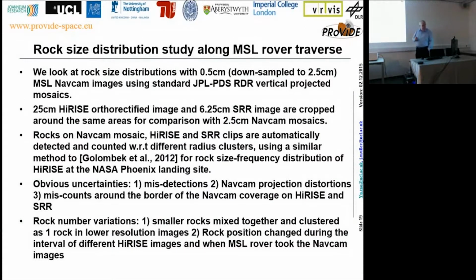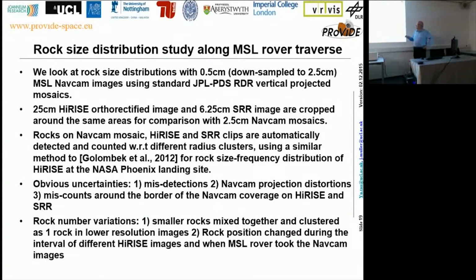So finally, we've performed a rock size distribution study along the MSL Rover traverse. We're looking at doing this as a science paper. We're looking at the rock size distribution, starting off with the Navcam imagery, which was half a centimeter, originally 5 millimeters, and then downsampled to 2.5 centimeters.